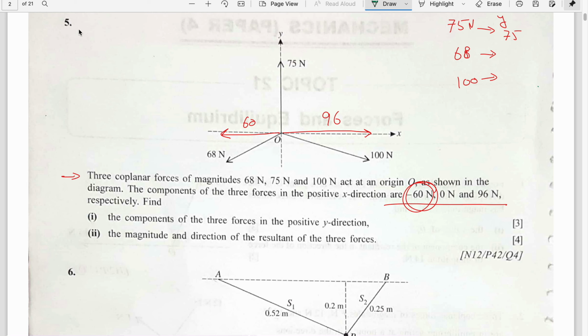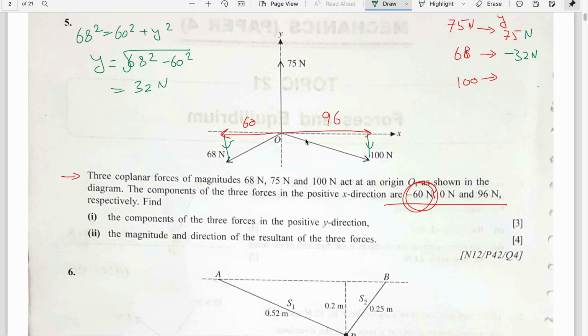That is right, 32 newtons, and it is downwards, so I should mention minus 32 newtons.